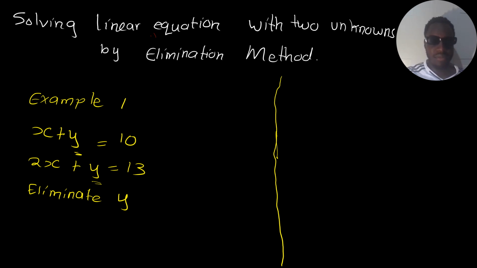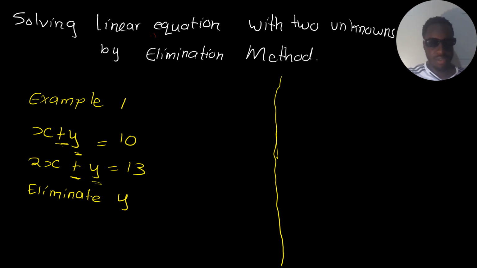In this case, they are the same, and they both have a positive sign. When they have the same sign, in the elimination method, we subtract. But when they don't have the same sign, when one of them is positive and the other negative, we add. So in this case, we will subtract.